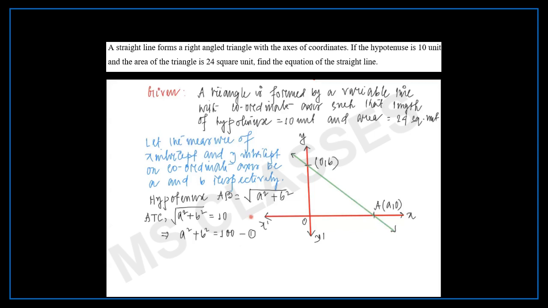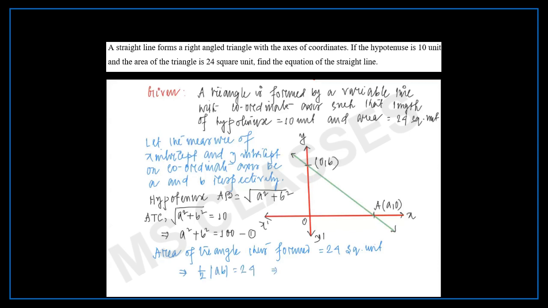Now we have another information given here. The area of the triangle AOB thus formed is 24 square unit. So you can say half of mod AB equal to 24.